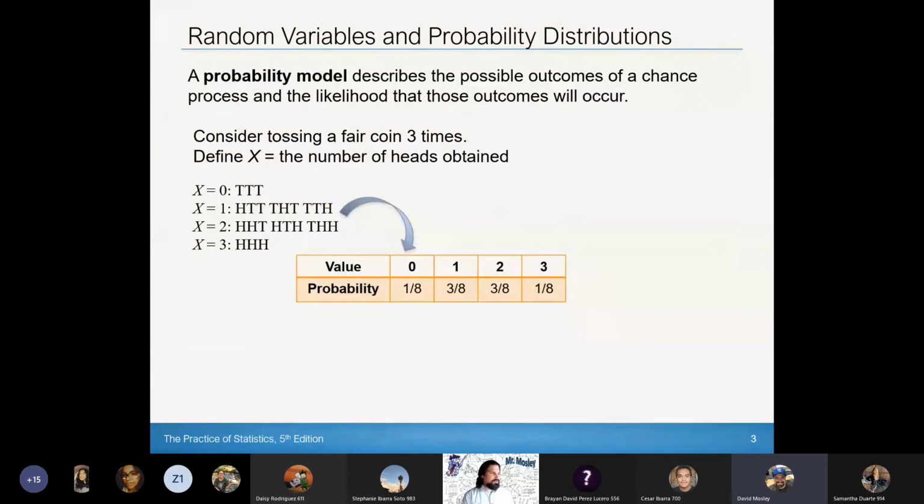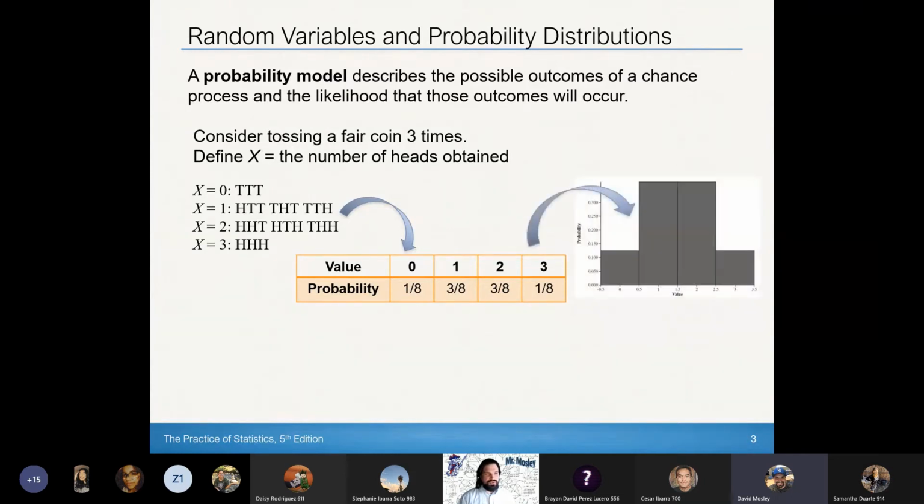The probability model could be a table, as in here, where we have the values that X can be along the top, 0, 1, 2, or 3, and the probability or chances or likelihood that each of those values occurs based on the total number of outcomes. Right? There's 1 out of 8 ways to get no heads. 3 out of 8 for 1, 3 out of 8 for 2, 1 out of 8 for 3.